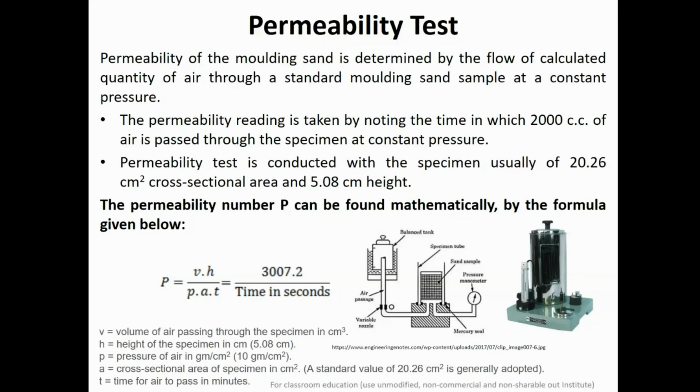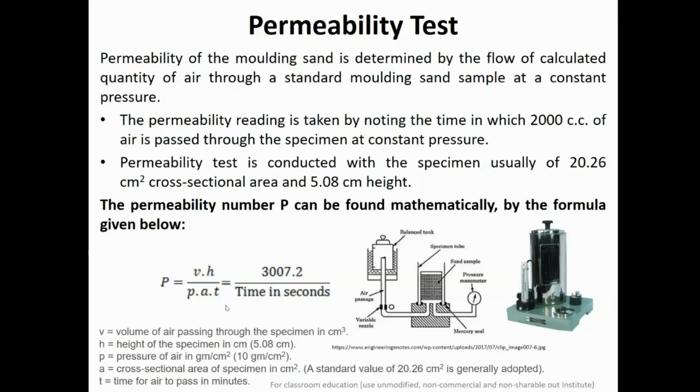And I told you that you have to calculate the flow of this air through a standard molding sand sample. That standard sample size has approximately 20.26 centimeter square cross-sectional area, and its height is about 5.08 centimeter. So the permeability number you calculate mathematically by the formula given below: P equals V into H upon PAT.